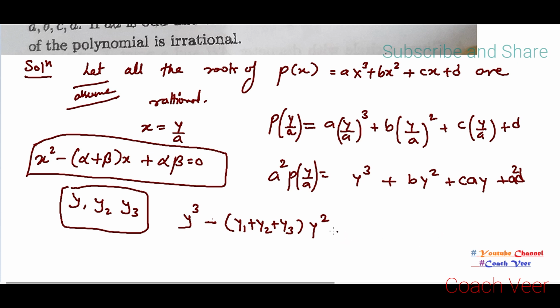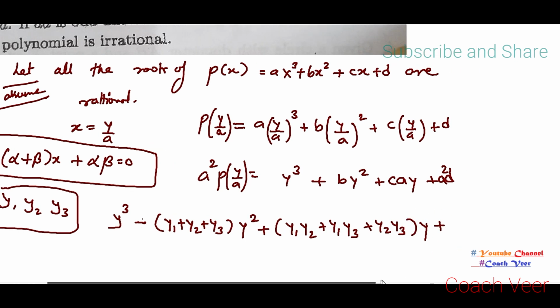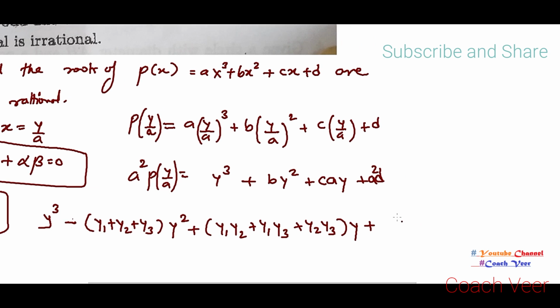Then we have a positive sign, then the pairs y1 y2, y1 y3 and y2 y3 times y, and the last one is the product of all, y1 y2 y3.